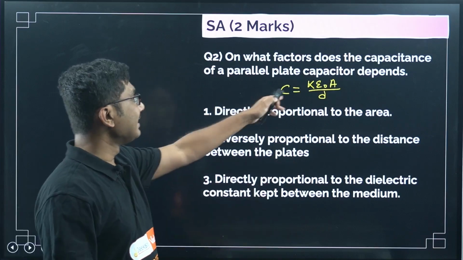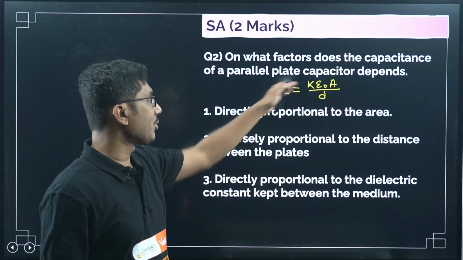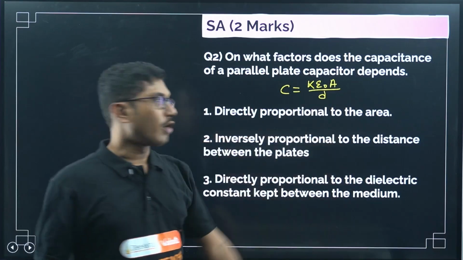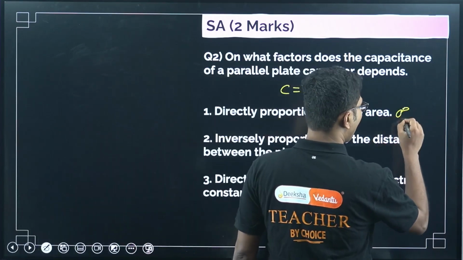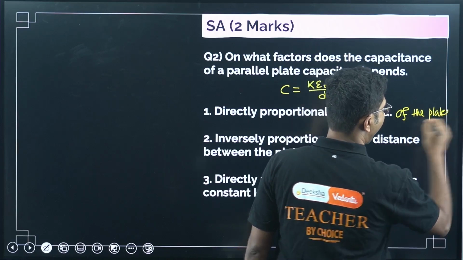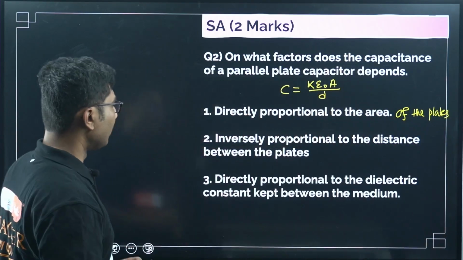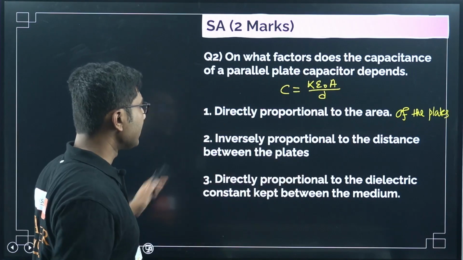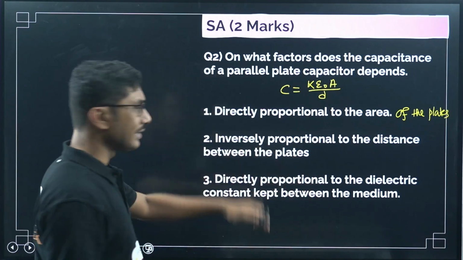If you remember this equation, then you can write that C is proportional to A, that is, capacitance is directly proportional to the area of the plates. Second, C is inversely proportional to d, the distance between the plates.